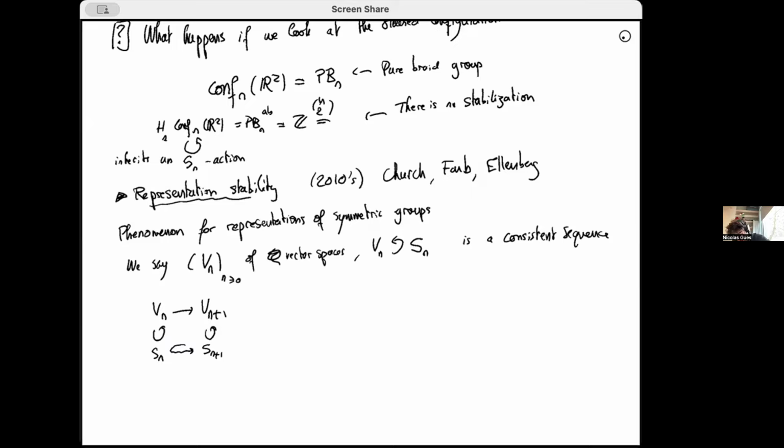So I'll say it with this diagram. So covariance condition.